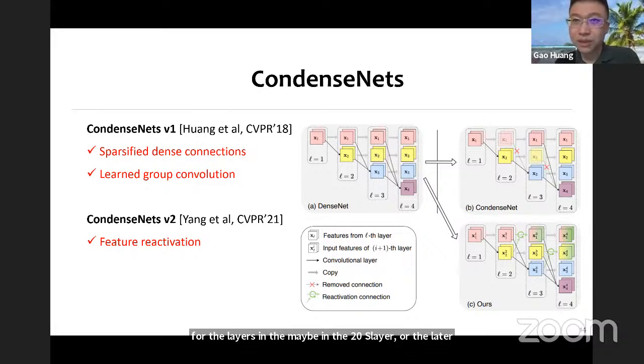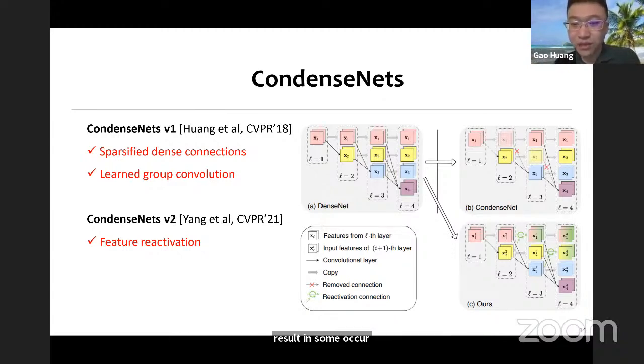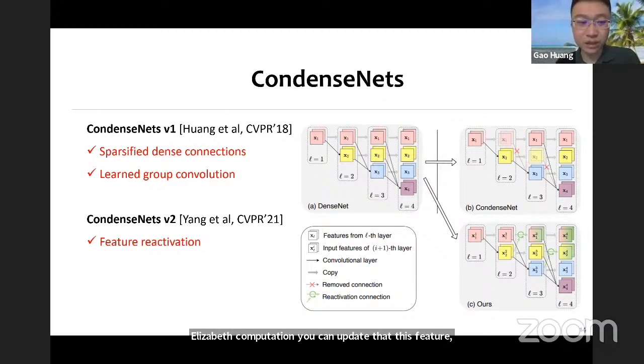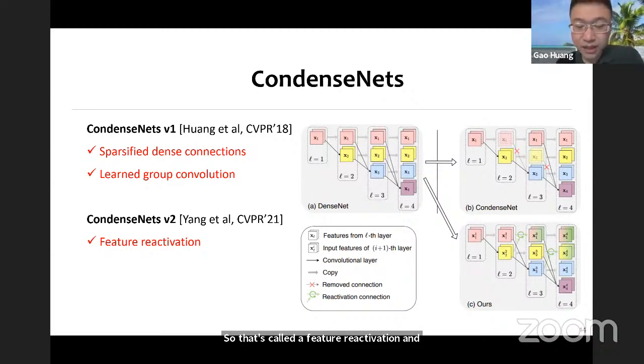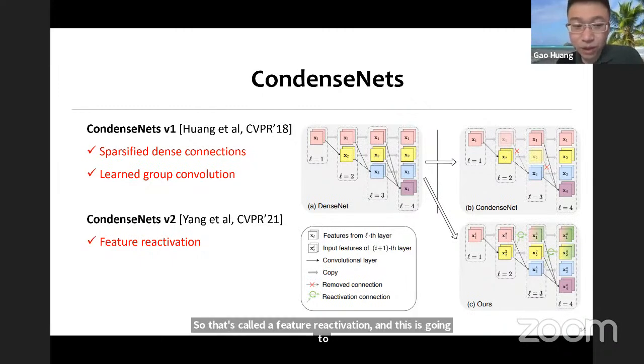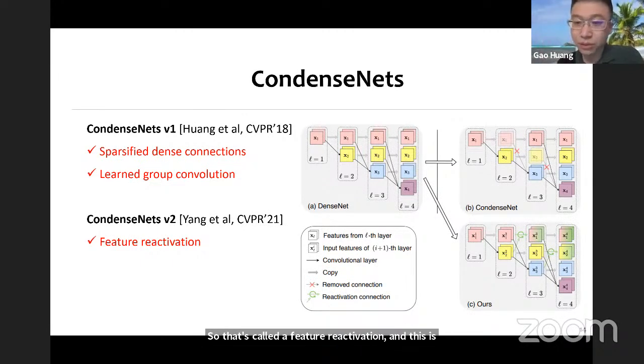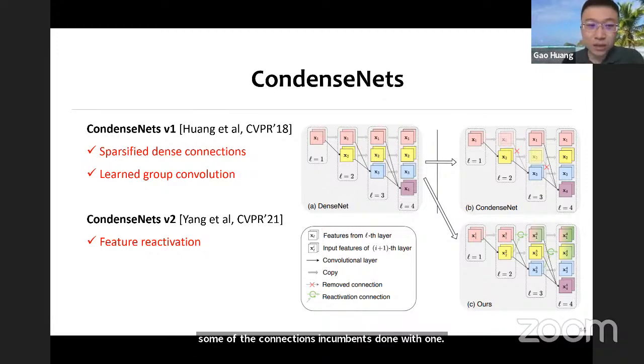And if you simply remove that connection, it will still result in some accuracy drop. However, if you use a little bit of computation, you can update this feature and make it useful again. So that's called feature reactivation. And this is going to be more effective than simply removing some of the connections in CondenseNet V1. So these are the two versions of CondenseNet.